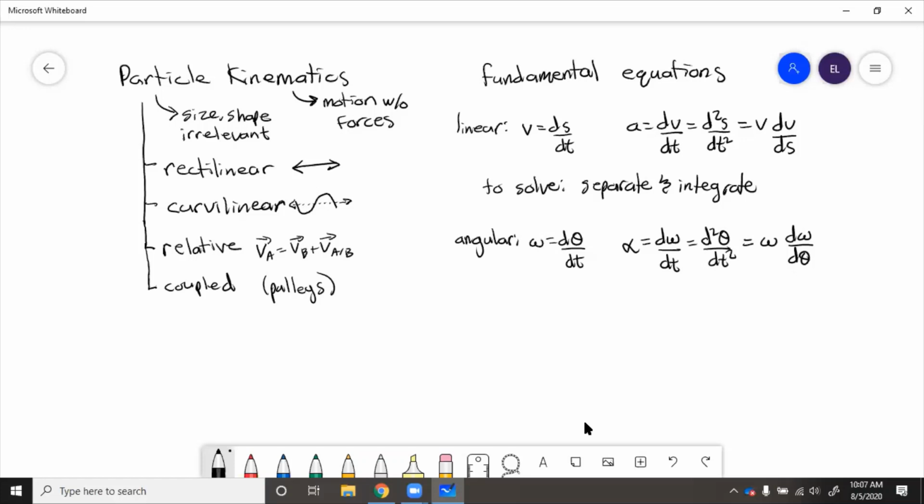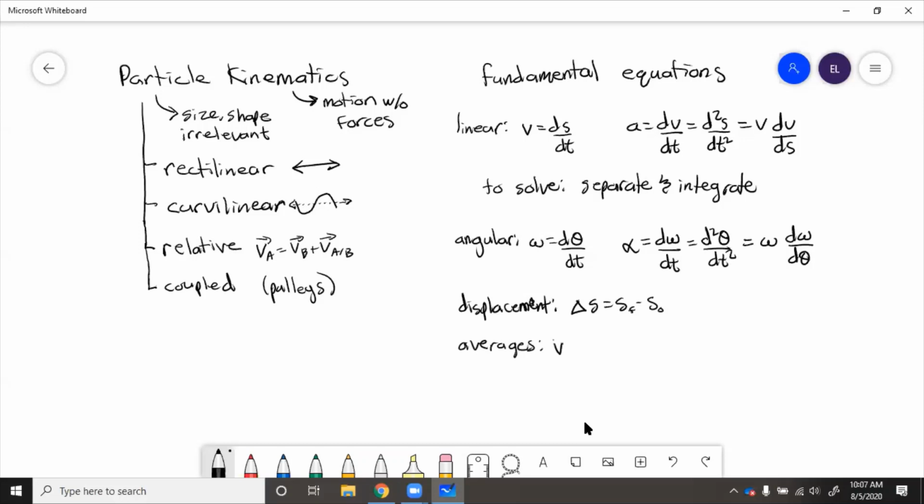Then we also had the displacement, which is just the change in position, like delta S equals S final minus S initial. And then we had the averages.